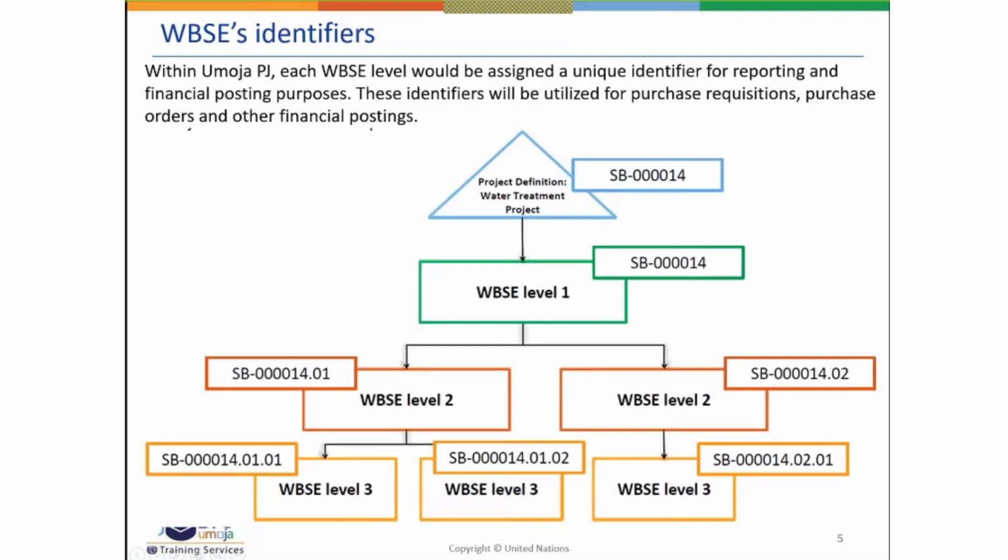I think it's easy to understand how these IDs are generated by the system. So here you know that you are at level 3 because you have .01, this is referring to the level 2, and .02, the second sub-element of this WBS element. Let's see it with a concrete example.